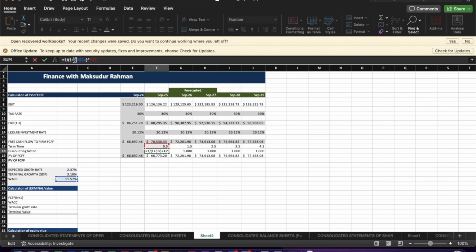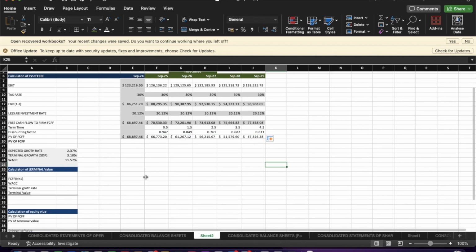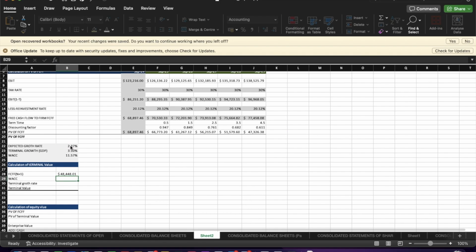Just need to lock the cell. That's why it's not giving us the actual result. So the terminal value, the discounted value, we have to multiply with the growth rate, 1 plus the growth rate, to get the actual terminal value for the next year onwards, 2029.